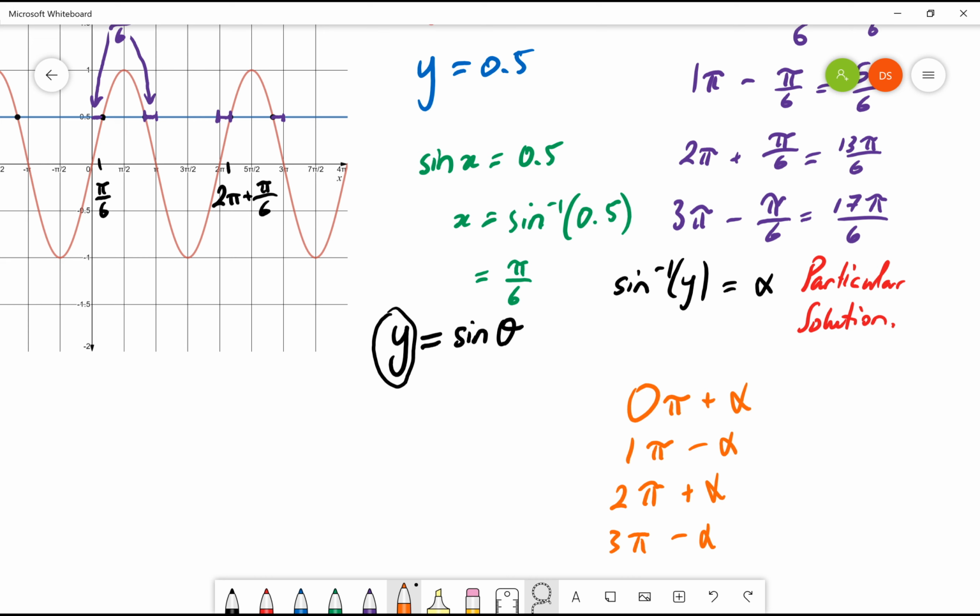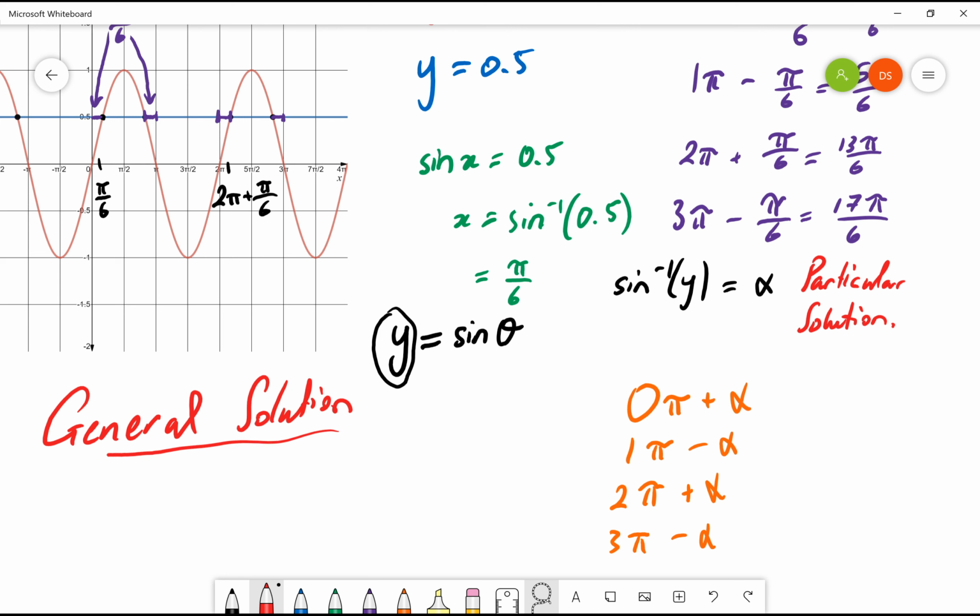And so what I'm going to say is our general solution for sine looks like theta equals n pi, meaning some number of pi, plus, and this part here is an alternator, -1 to the power of n.